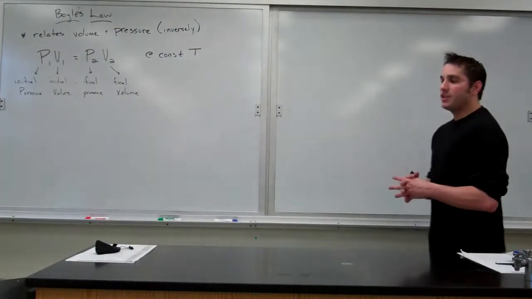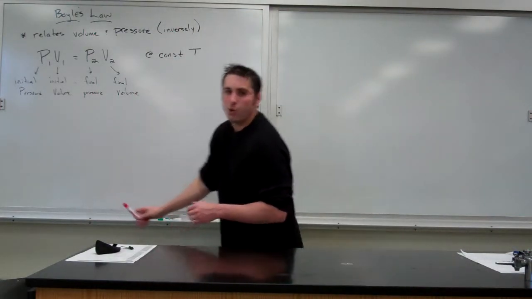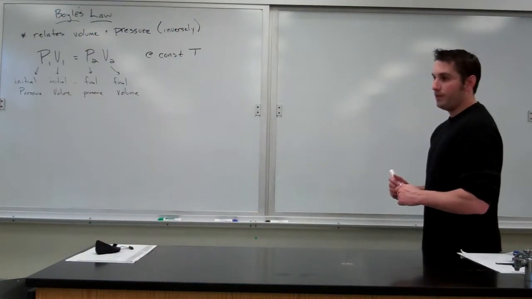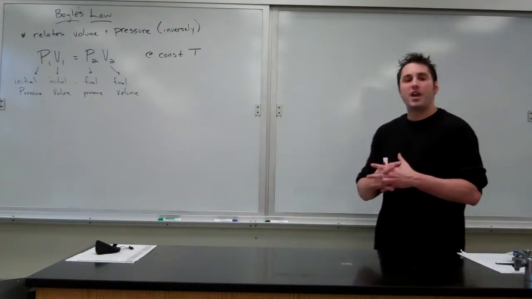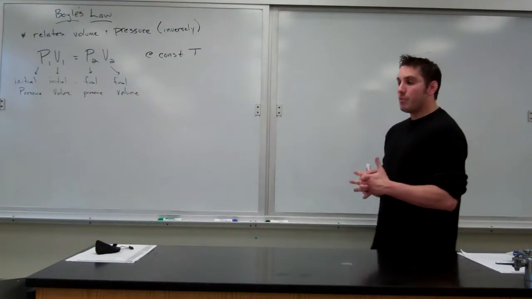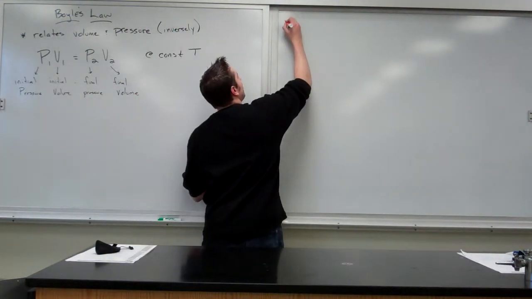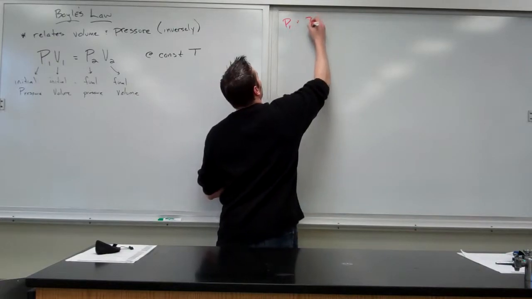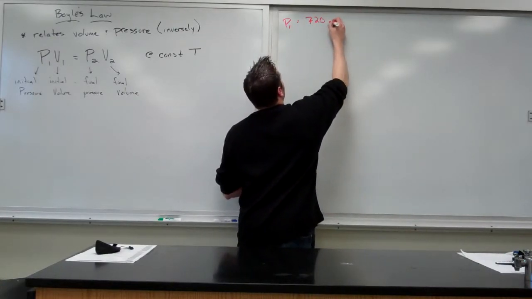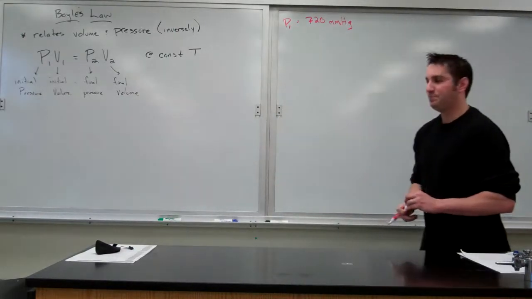We pull out what each of the numbers are. The first number that we see is 720 millimeters of mercury. The units that go with the numbers are what tell you what it is. Millimeters of mercury measures pressure. So I am going to call 720 millimeters of mercury P1.